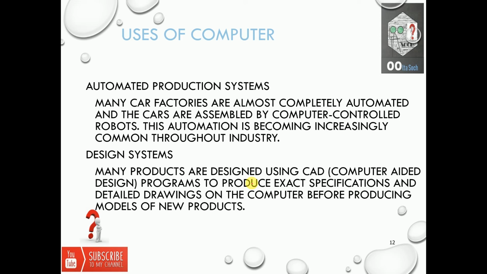For that automation, in automated production systems, the computer is used. Design systems: many products are designed using computer aided design programs to produce exact specifications and detailed drawings on the computer before producing models of new products. So for designing purposes, we also use computers.